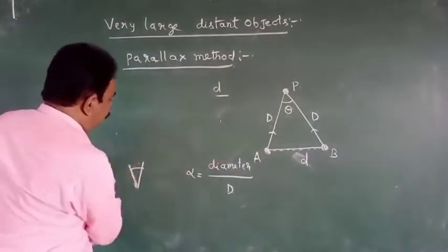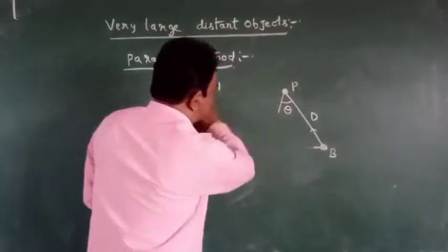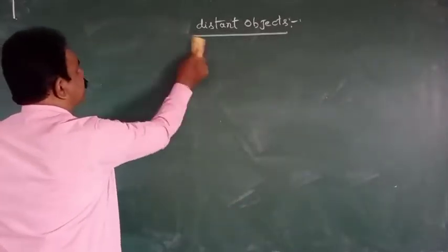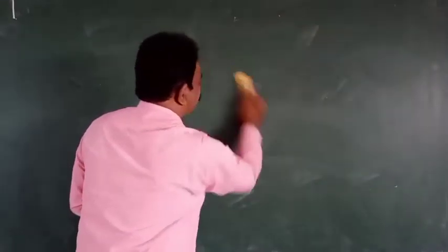Next, very short distances are there. How to identify that?